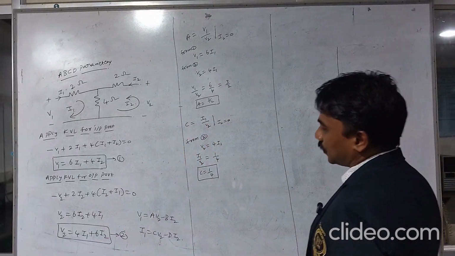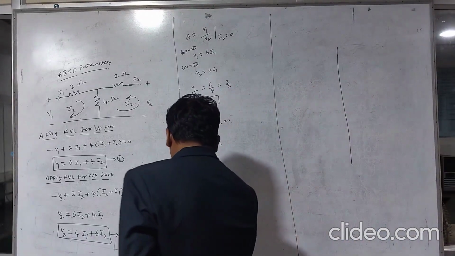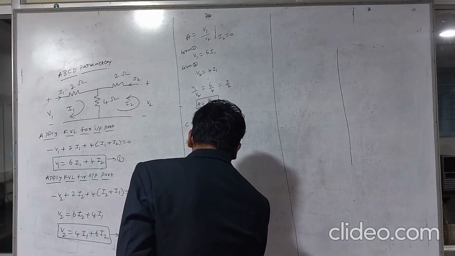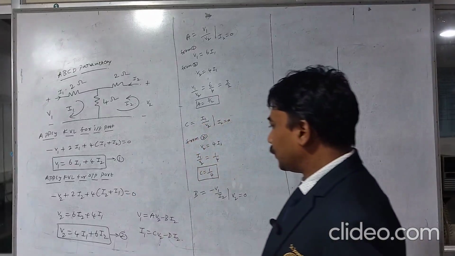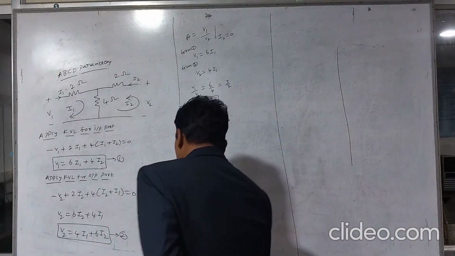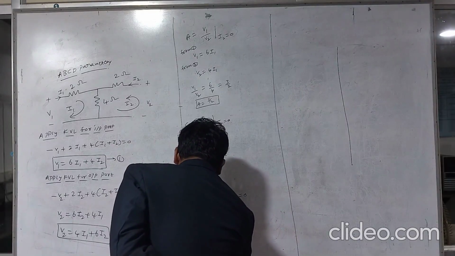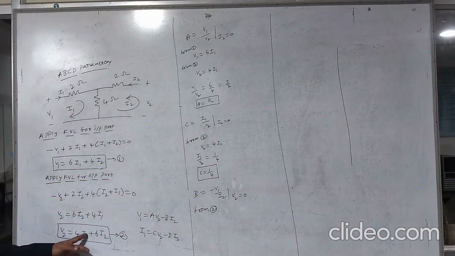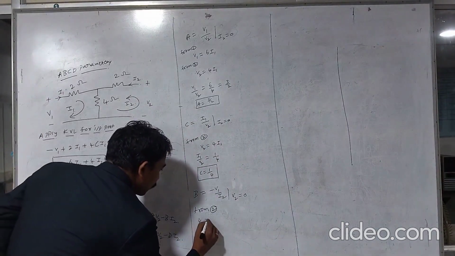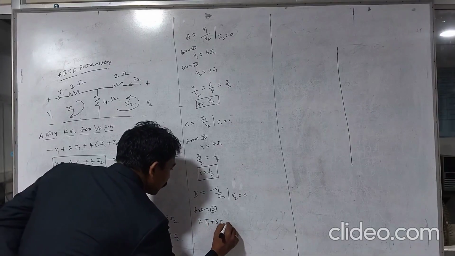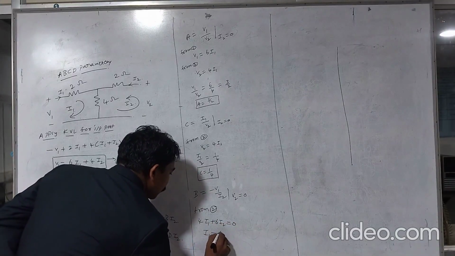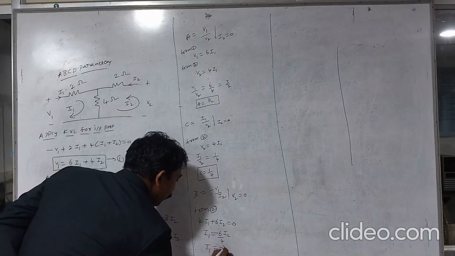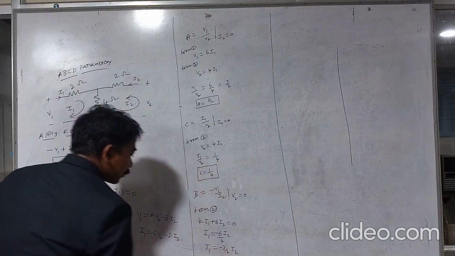Similarly, the remaining two are B and D. To determine B, it is minus V1 by I2, where V2 equal to 0. So when V2 equal to 0, just check the second equation. That is nothing but 4 I1 plus 6 I2 equal to 0. So I1 equal to minus 3 by 2 I2.